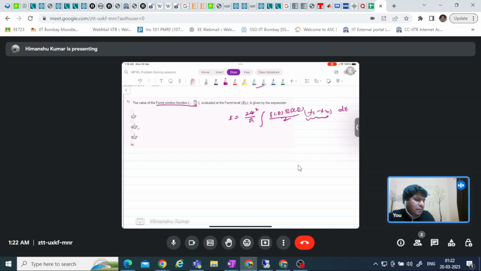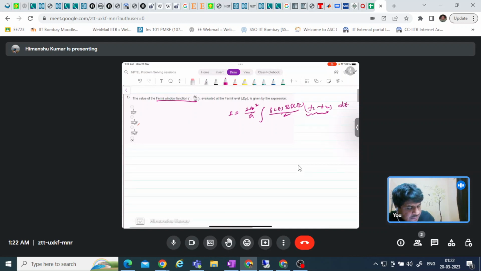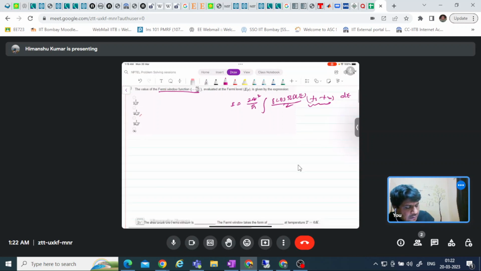If we evaluate that function for the ballistic transport case, and plot the Fermi window function versus (E minus mu) by kT, we will get this kind of plot.